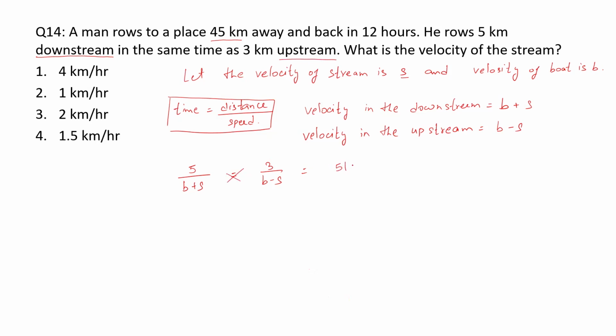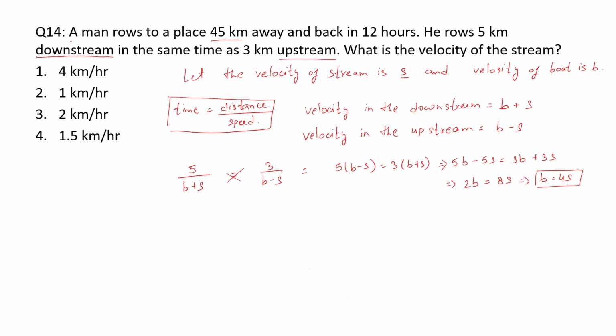You will have 5(b minus s) is equal to 3(b plus s). So that means 5b minus 5s is equal to 3b plus 3s. Take b to this side, so 2b is equal to 8s. So this will give you b is equal to 4s. Simple manipulation.